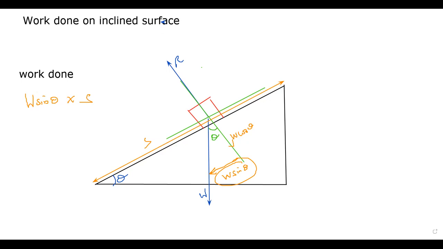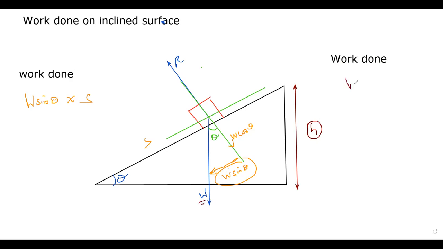But if we don't know this distance in the question, and the height is given, then how do we calculate work done? In that case, the force in the direction of the height in the same plane is the weight.